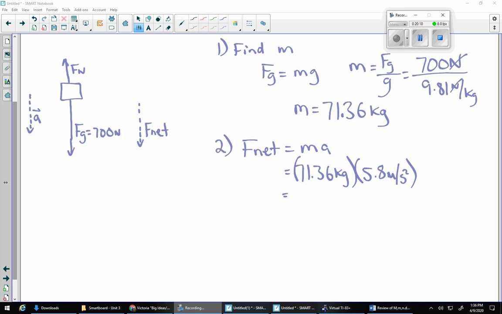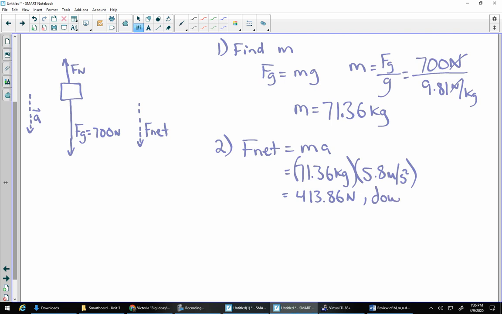So when I plug everything in, and we'll make sure we use the whole entire unrounded mass, 71.35575.943, we end up with 413.86 newtons. And I'm going to take that one step further and say down. And I know it's down because what direction is the acceleration? Down. Right? So 413.86 downwards.